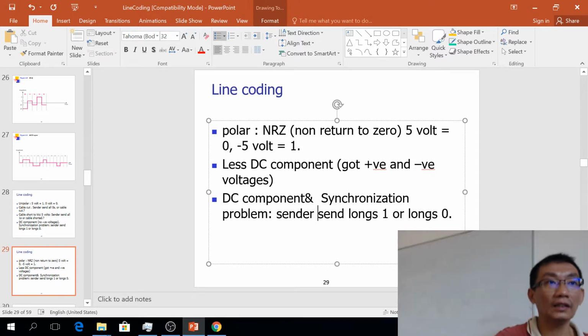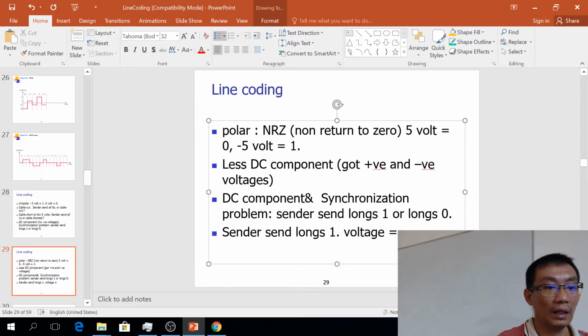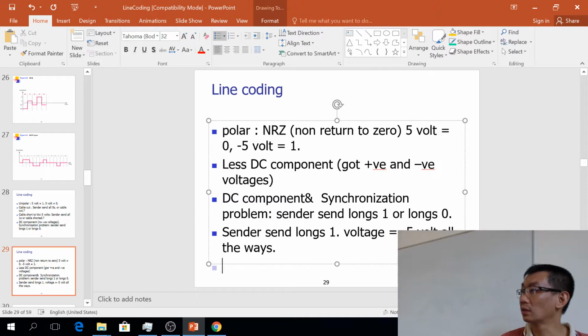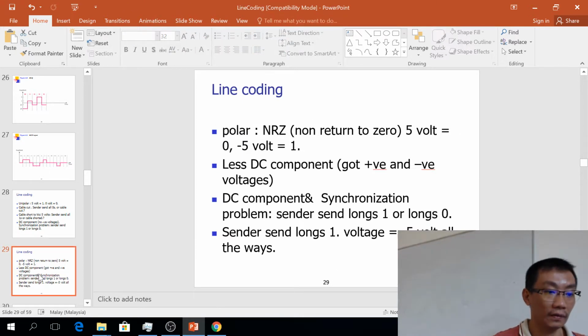If the sender sends long 1s, that means the voltage will be negative 5 volts all the way, right? So it will be a straight line, you cannot synchronize. Then you have an improvement.